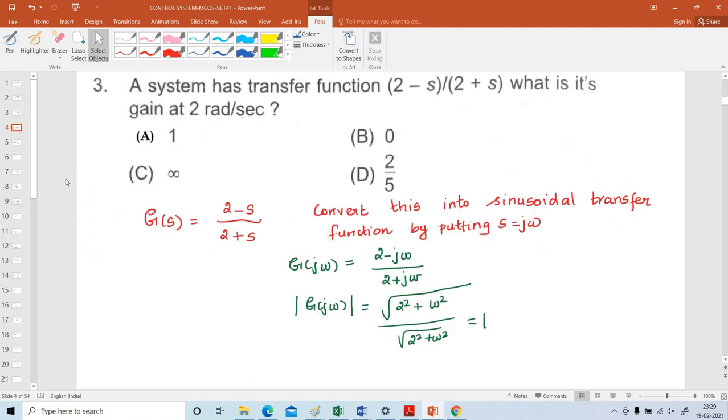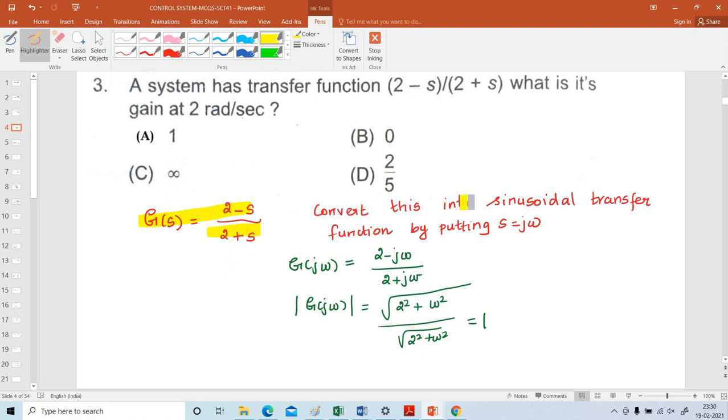Next, a system has transfer function 2 minus s divided by 2 plus s. What is its gain at 2 radians per second? First of all, I am going to write the transfer function given, 2 minus s divided by 2 plus s.